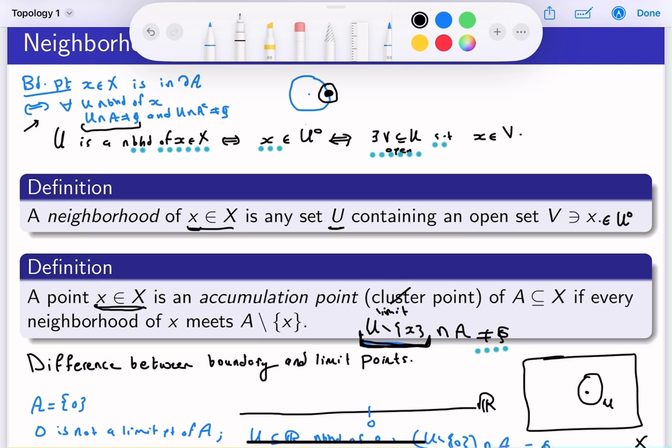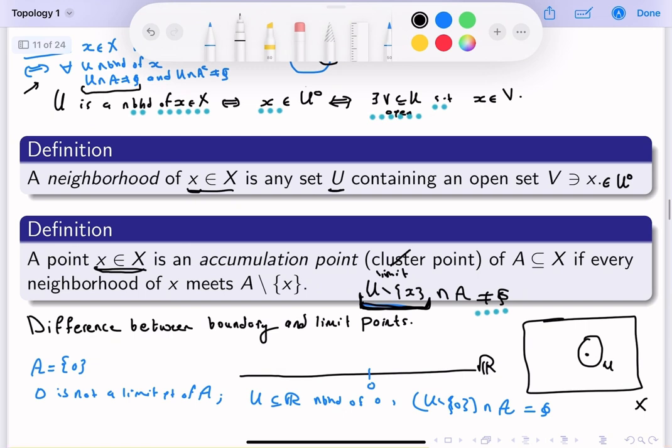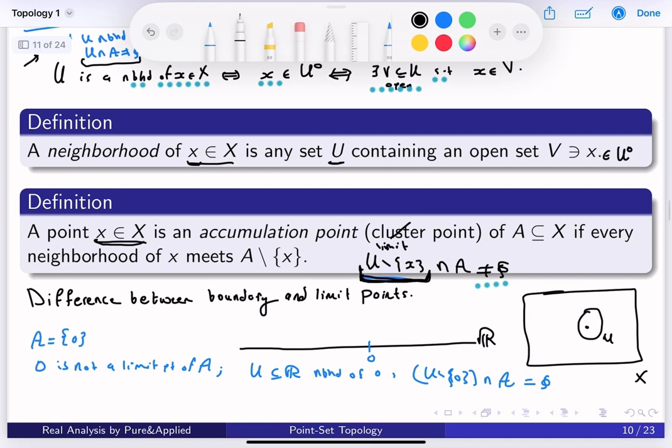And I invite you to think about when these possibly might coincide, or one of them might be the other. Think about isolated points, and you'll see what I'm talking about.